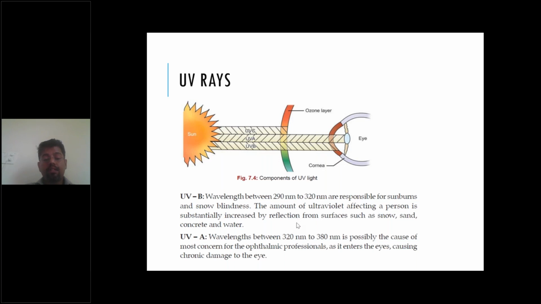That's because this ultraviolet B gets substantially increased when it is reflected back from the snow, sand, concrete, and water. The wavelength between 320 and 380 nanometers is possibly the cause of most concern for an ophthalmic professional, as it enters the eye causing chronic damage to it.